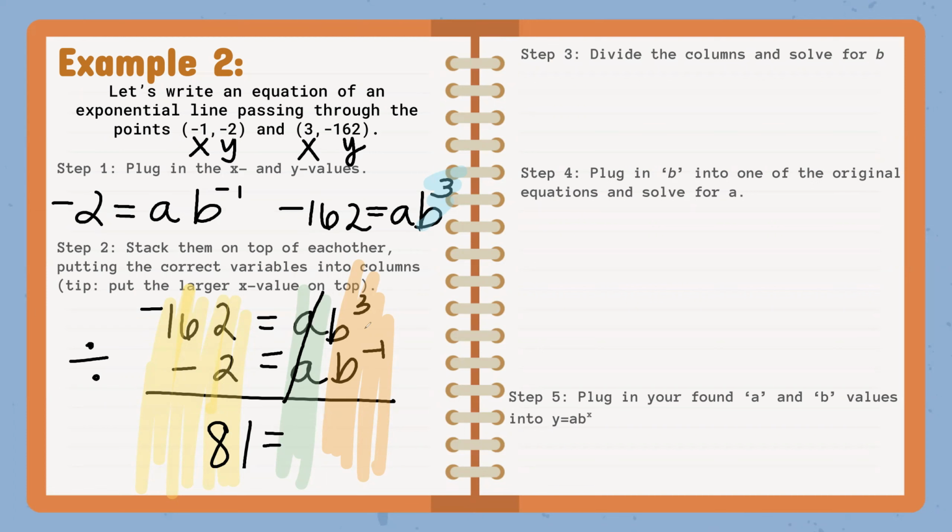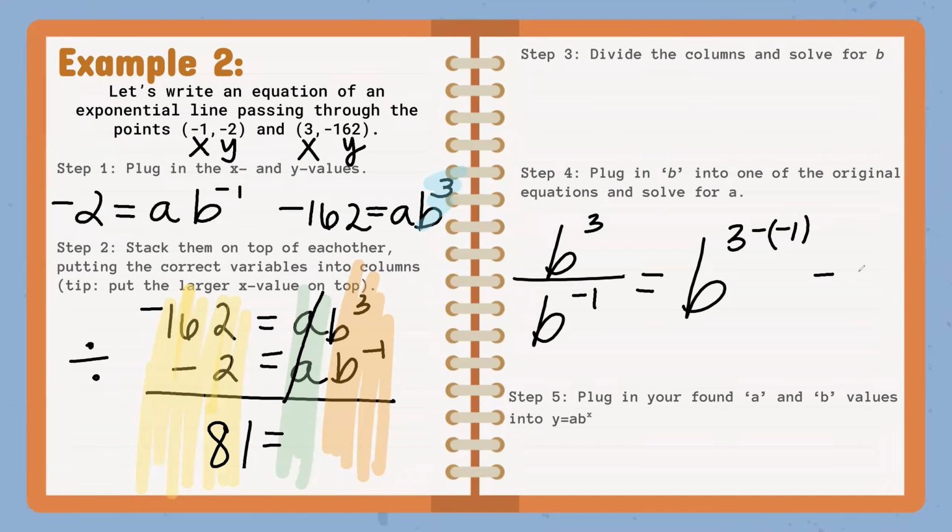And B cubed divided by B to the -1. Remember, when you divide exponents, you just subtract them. And 3 minus -1 makes it a plus. So it becomes B to the 4th power. So that's what I have so far after I divide the 2 equations.